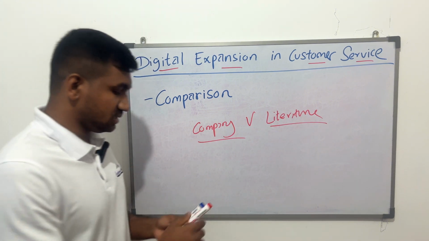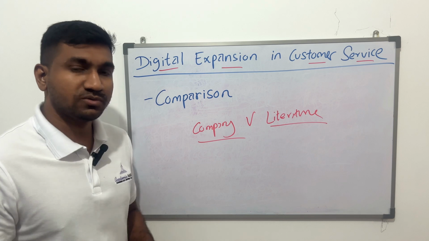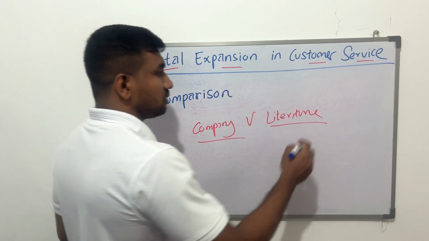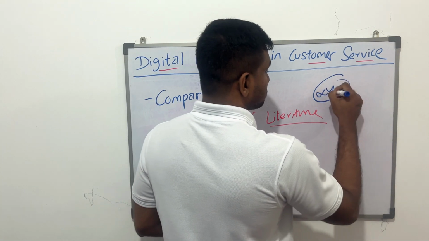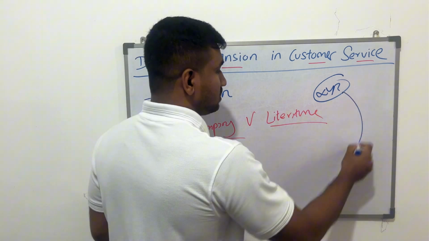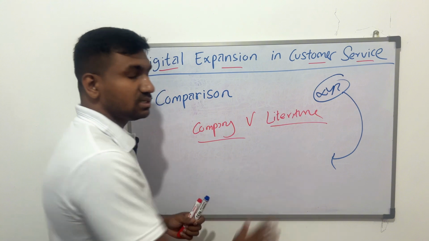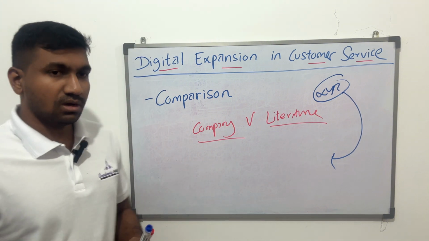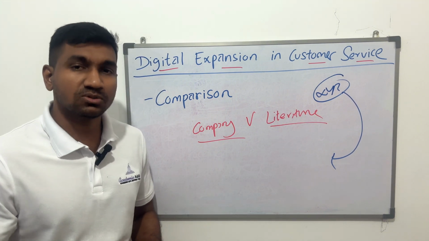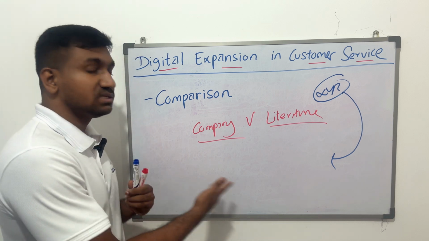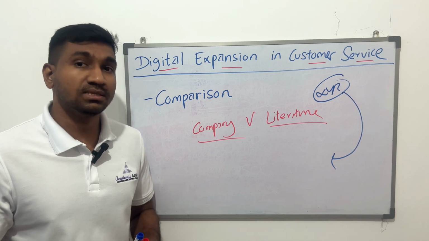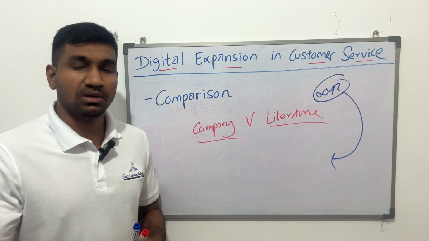For example, imagine the company you have chosen is a supermarket, XYZ supermarket. Imagine in your literature you have discussed that in any company it is always better to have a digital pay system where customers can pay instantly through their mobiles or anything.